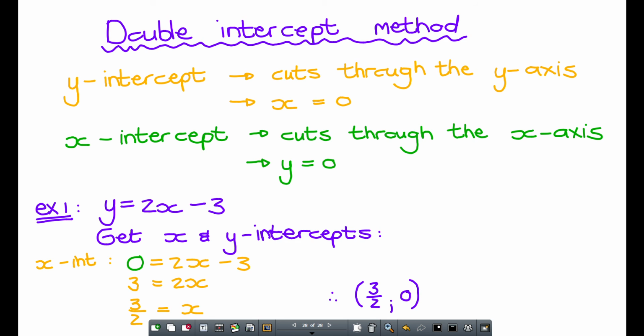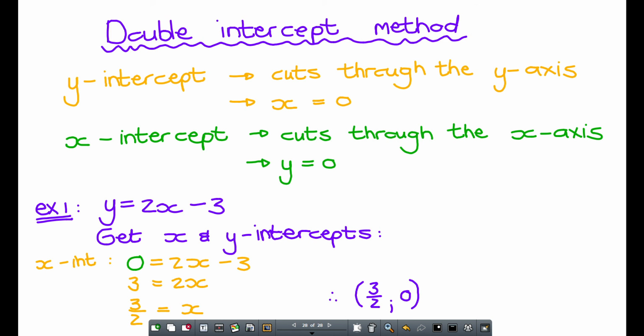I'm going to skip to the next page to do the y-intercept. Everyone fine? Can I skip?